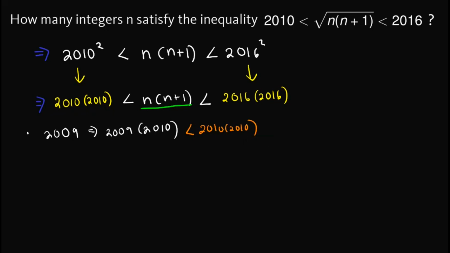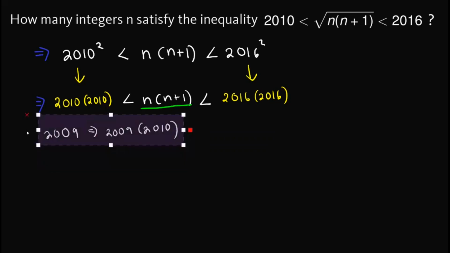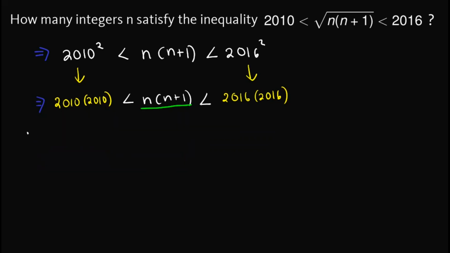And actually the same goes for all positive integers less than or equal to 2009. So we don't look at those cases anymore, and we start with n equals 2010.